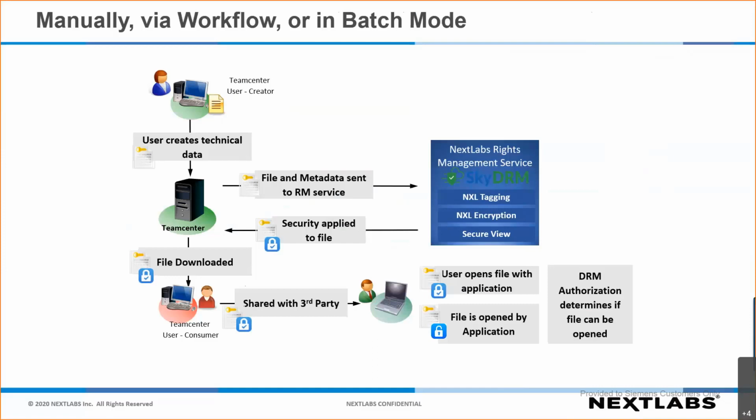So the way that happens is that a user might create some tech data package and right-click and say, please protect. What happens is that file and metadata are sent to the rights management service called SkyDRM, TcDRM, and security is applied to the file, and then it's slipped back into the Teamcenter stack right where it was.